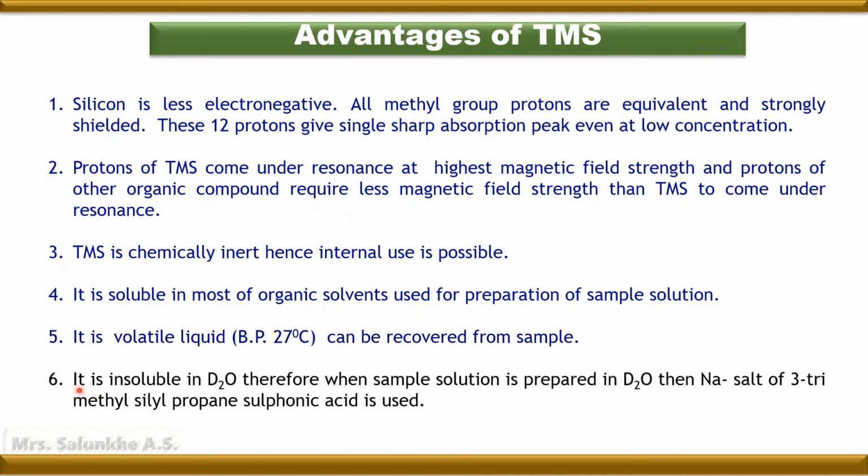And if the sample solution is prepared in deuterated water, at that time TMS is not used as internal standard because it is insoluble in D2O, and at that time the sodium salt of 3-trimethylsilyl propane sulfonic acid is used as standard.